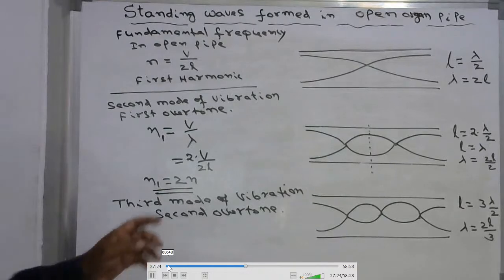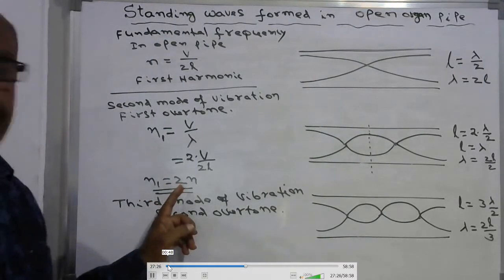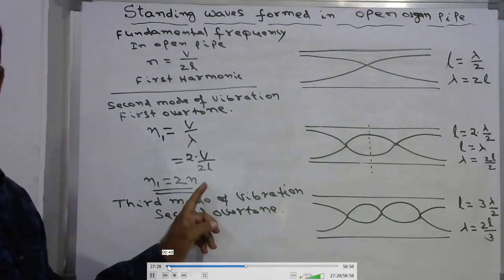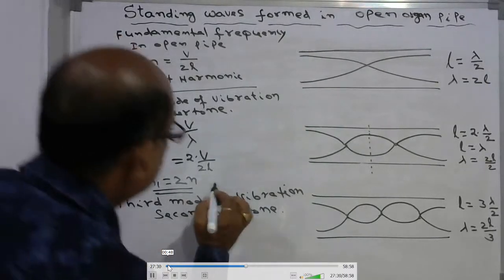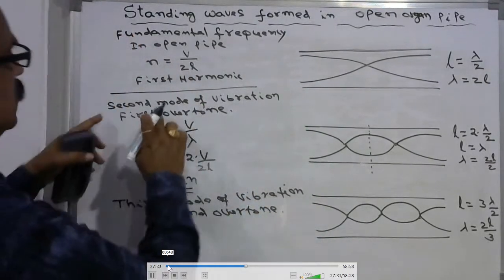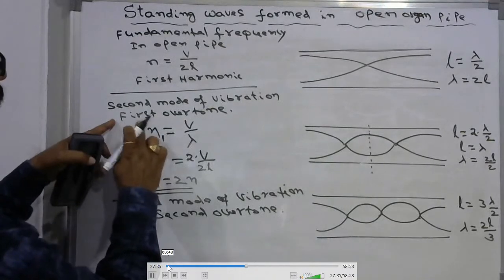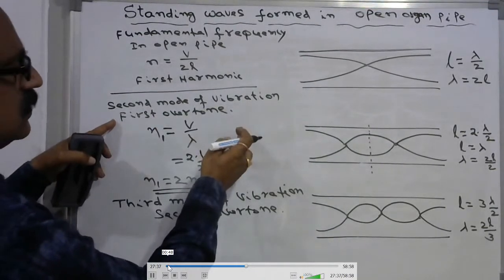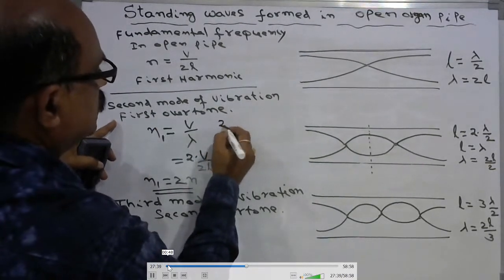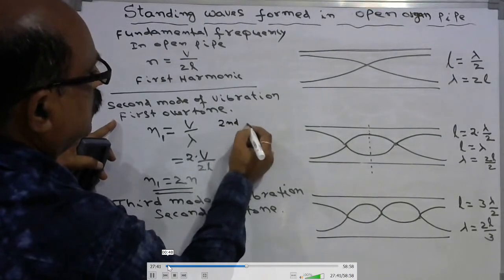This is what is called the second harmonic. So the second mode of vibration corresponds to first overtone, or we can also write this as second harmonic.